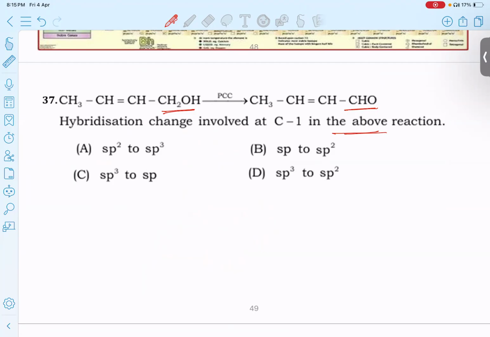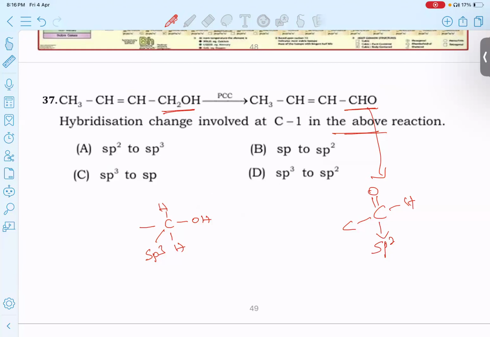That is PCC, pyridinium chlorochromate. Here, in the primary alcohol, the carbon contains single bonds only, that is sp3 hybridization. In the aldehyde, the carbon contains a double bond, so this is an sp2 hybridized carbon atom.